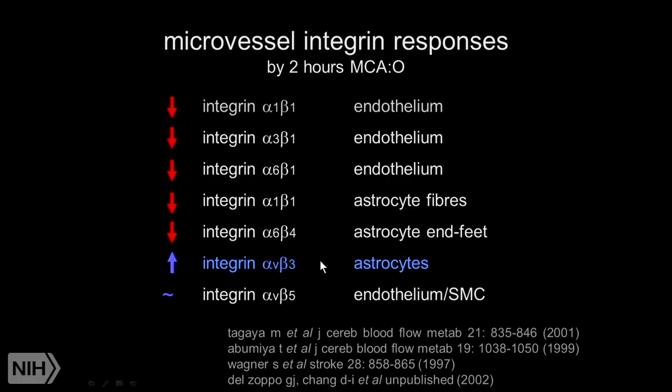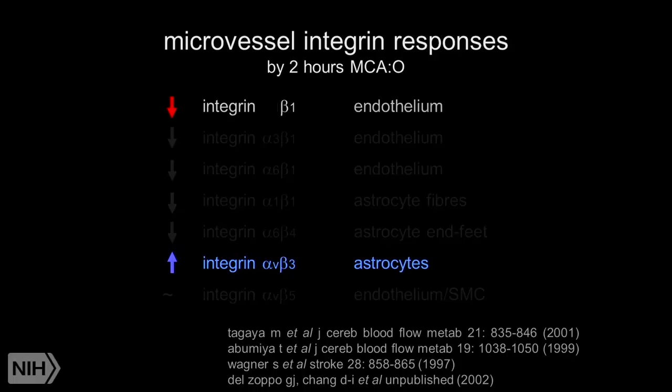The relevance of these structures is that they tie the vessel together, but they're also signaling molecules. As you know, integrins are involved in either outside-in signaling, the environment to the cell, or inside-out signaling, how the cell will respond to other cues. So these are both structural and potentially signaling molecules, and they're pretty much manhandled by the ischemic event.